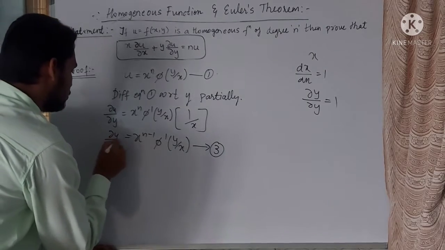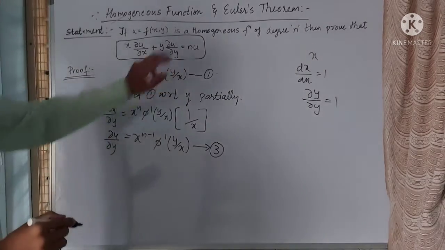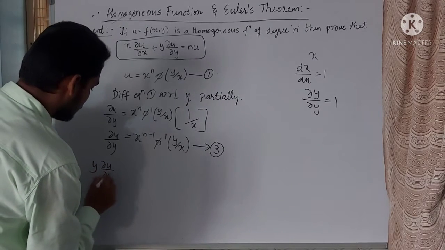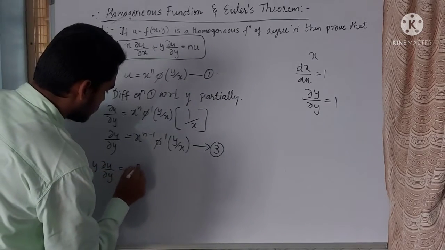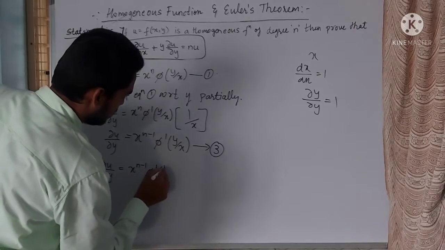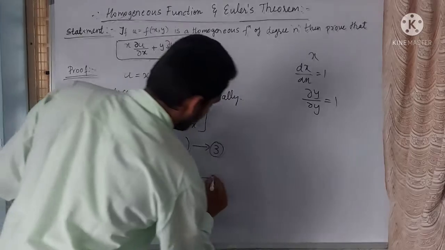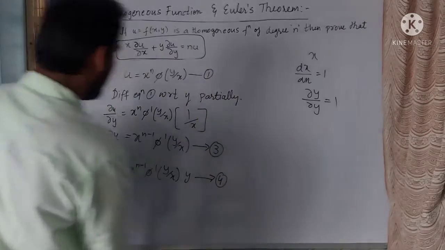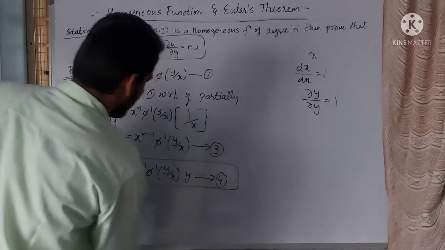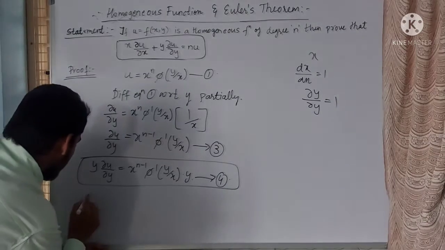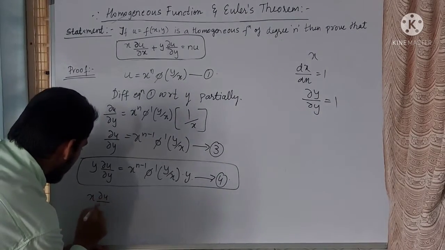Now I need y into dou u by dou y. So I need to multiply by y. So it becomes x raised to n minus 1 phi dash y by x, and again multiply by y. This is equation number 4. And we had equation number 2 as x dou u by dou x.